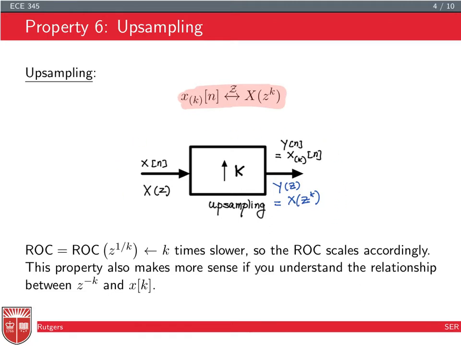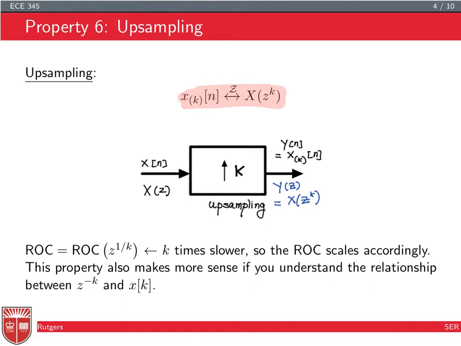So here x of n has x of z, and then you have upsampling with an upsampling factor k, and then y of z, which is the z transform of the upsampled signal, is equal to x evaluated at z to the power k. And the ROC is equal to the ROC where z is replaced by z to the power 1 over k.